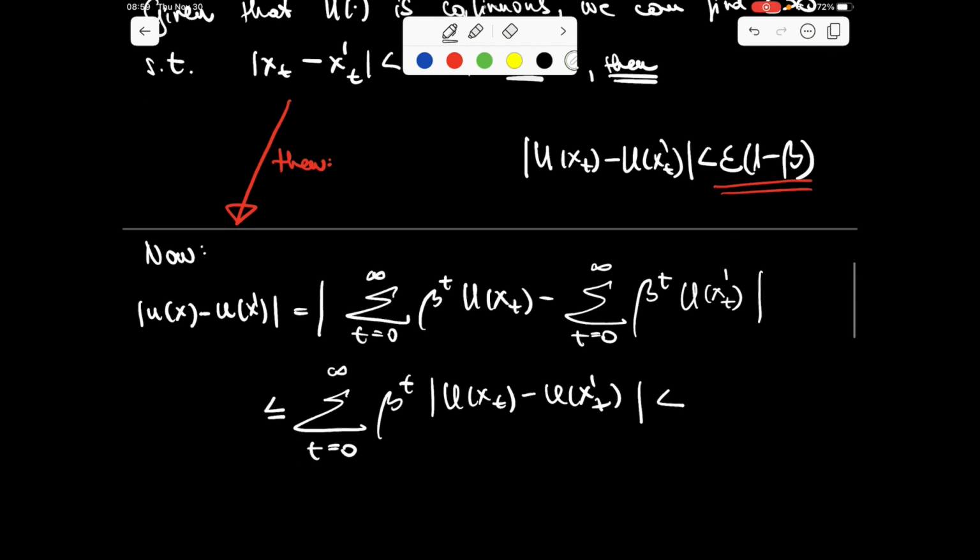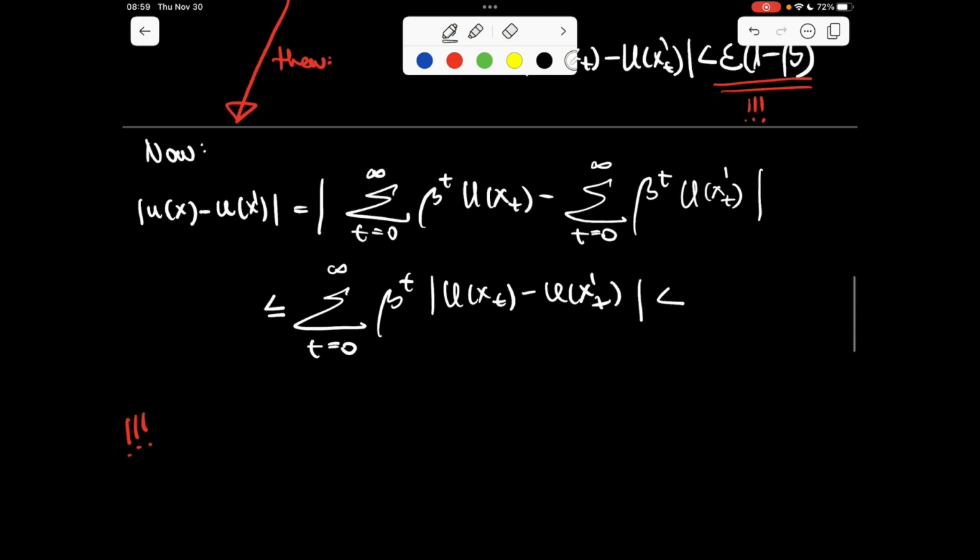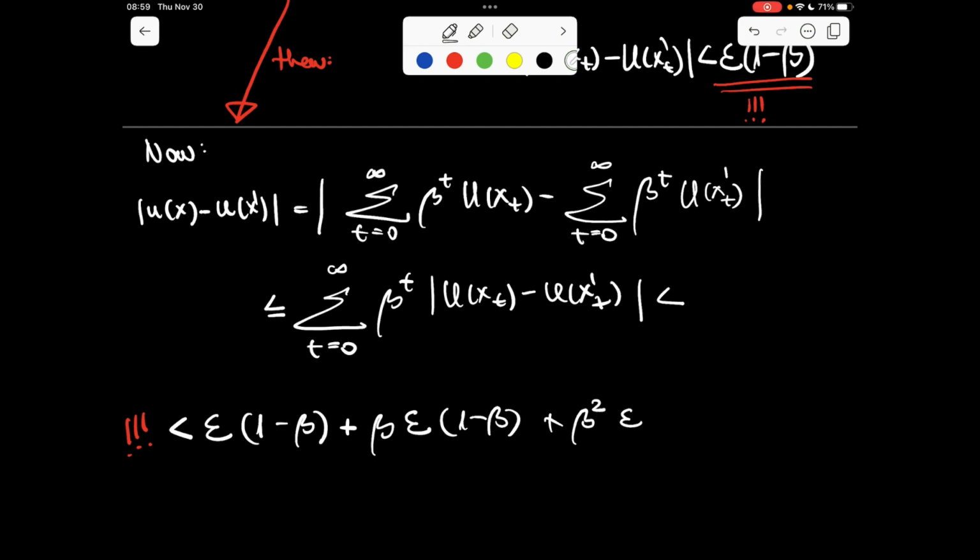And this is the point where we are going to use this formula. So this sum is an infinite sum, which is a geometric series, so this is epsilon.